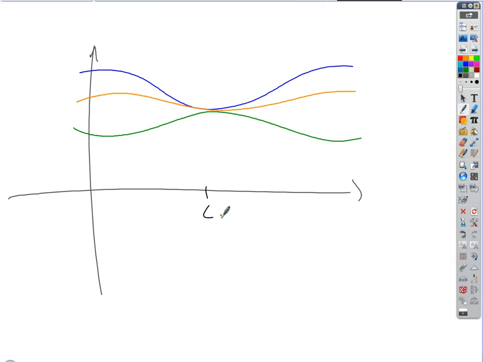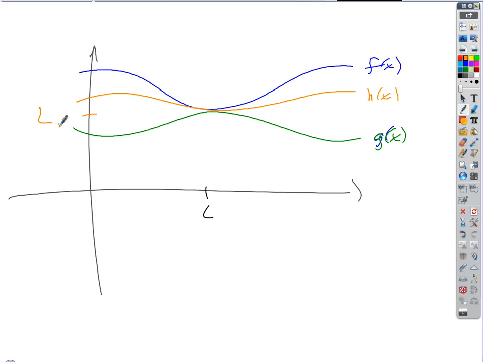Right? I'm not going to write out all the words, you can look in your book, but here's what the words would say. If on some interval surrounding c, we'll call these f of x, g of x, and h of x, h of x is greater than or equal to g of x, and less than or equal to f of x, on some interval surrounding c, then if the limit of f of x as x approaches c equals L, and the limit of g of x as x approaches c equals L, then the limit of the middle function h of x as x approaches c equals L. Has to get pinched to the same value, right?